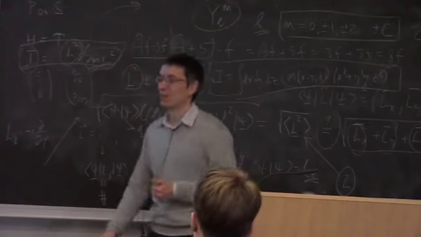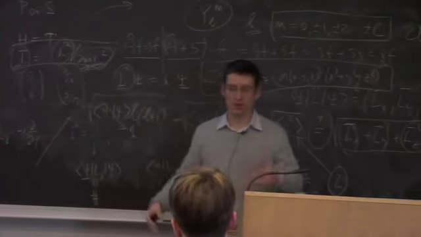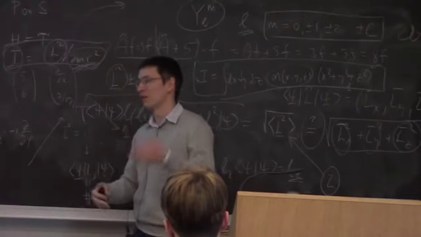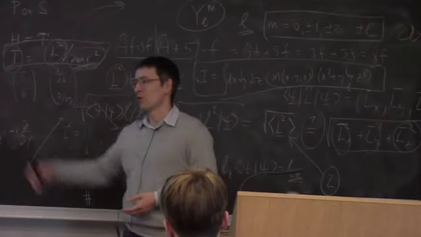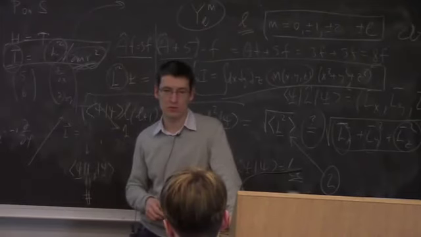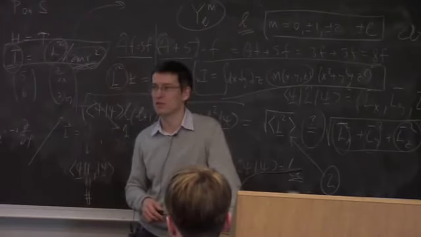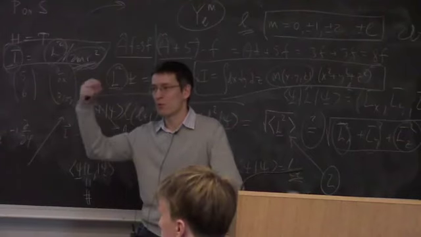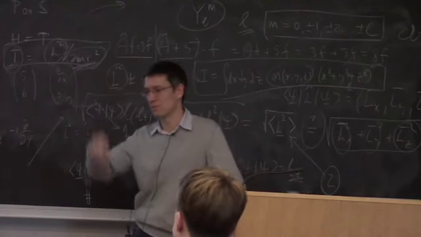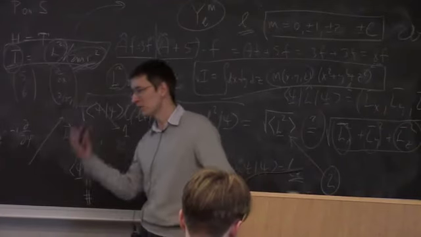We will see that the 1s function doesn't have a node, the 2s function has one node, and the 3s function has two nodes. These are nodes that sometimes come up in general chemistry or organic chemistry. When you go by principal number, you have radial nodes and maxima and minima of the probability density.